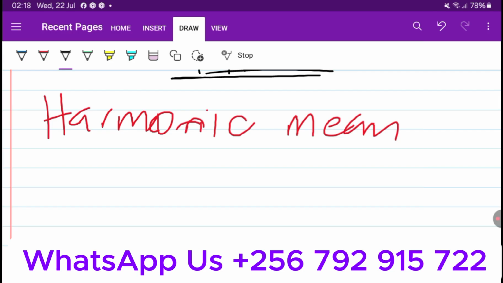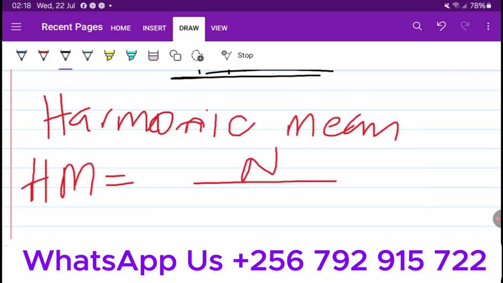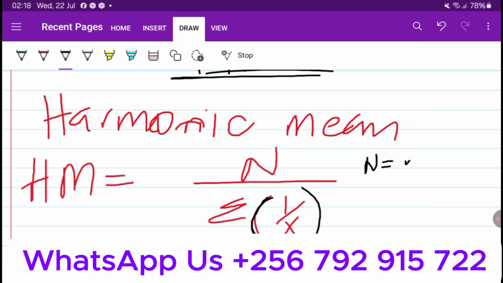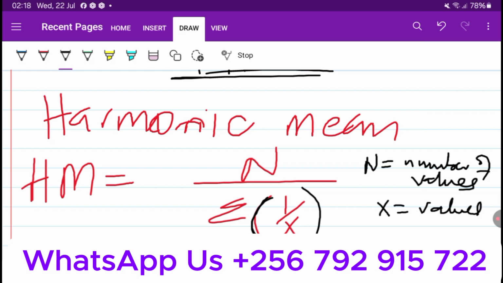In other words, the harmonic mean, I'm just going to call it HM, is just n over summation 1 over x. So this n is the number of values, and x represents the individual values.